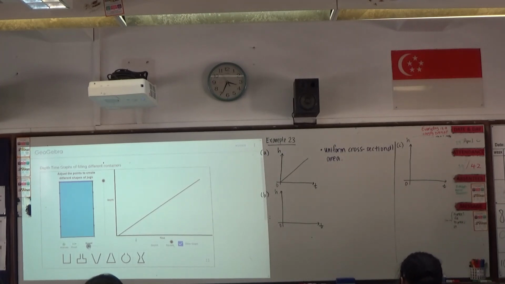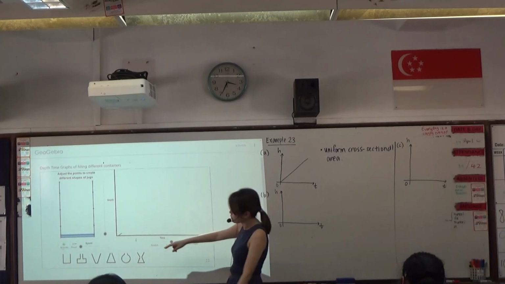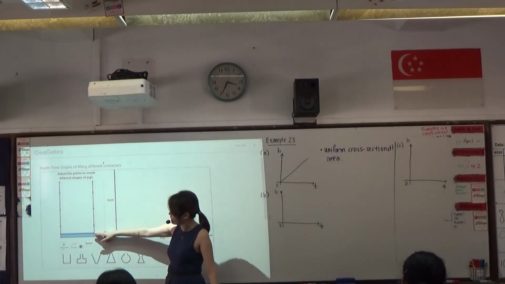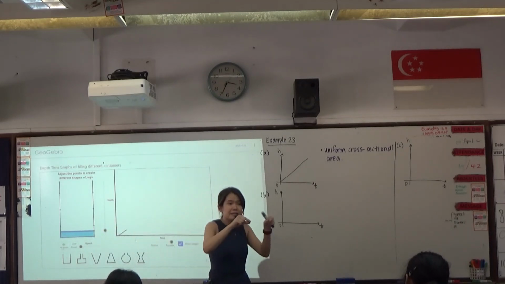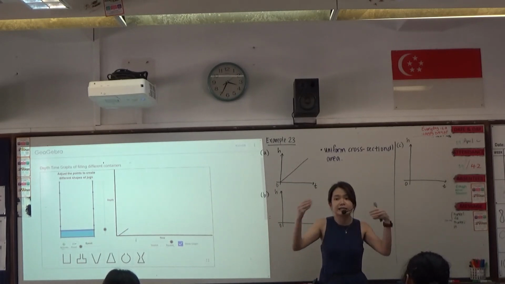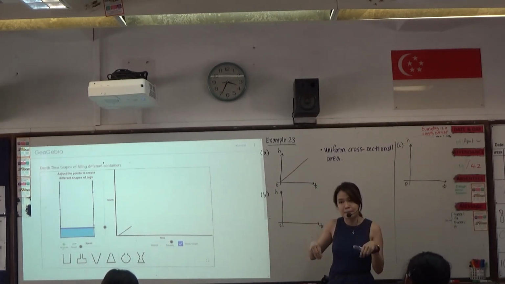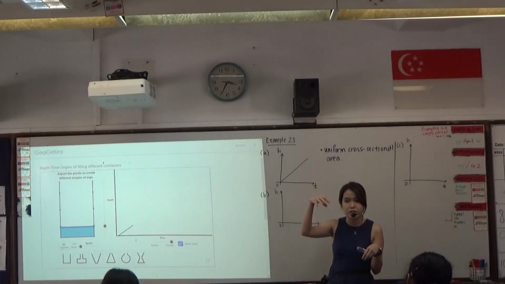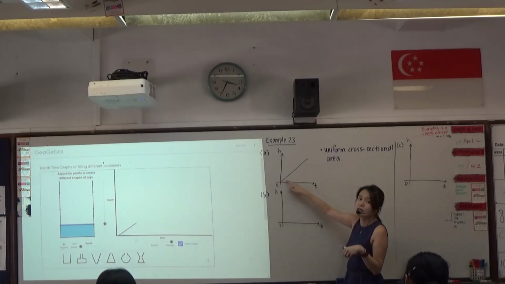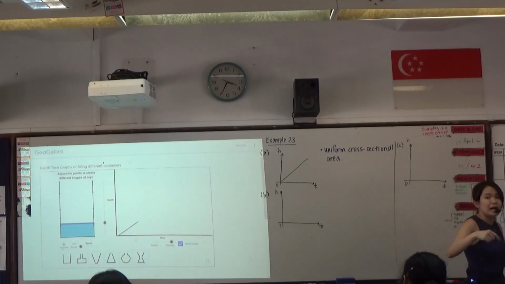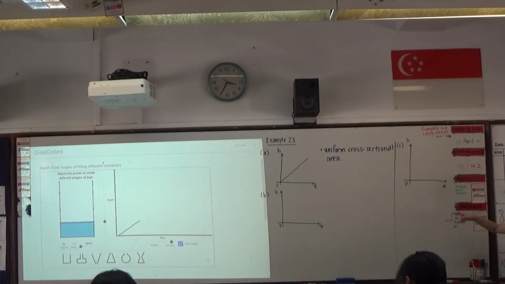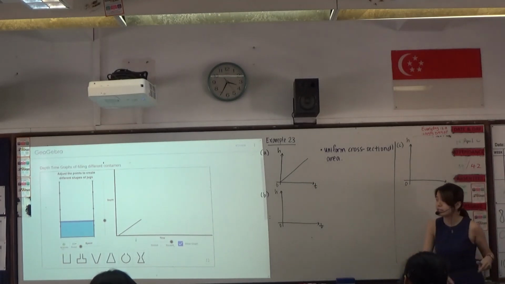So if I were to slow this down, for each layer that it increases, so I'm doing this in a very slow and exaggerated manner, each layer that it goes up, that particular layer is the same size as the previous layer. So the rate at which it is being filled is the same because your tap doesn't change. Therefore, it must be a constant rate at which the height increases. Hence, this is the kind of graph that we're seeing.